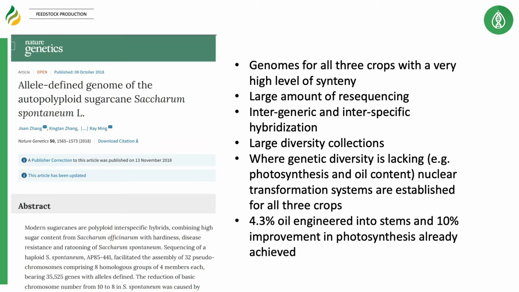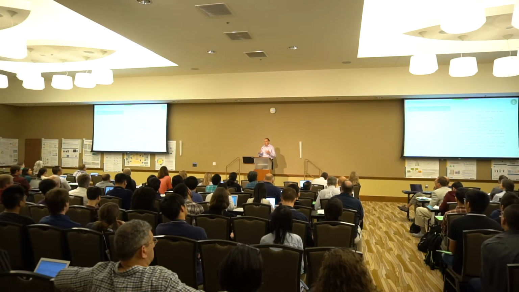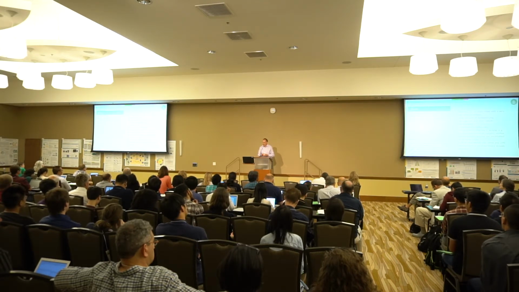As I mentioned, the genomes of all three crops have very high synteny. There's already been a large amount of resequencing. A very important aspect is their close relatedness means that hybrids can be made, and Eric Sachs has been successful in making sugarcane-Miscanthus hybrids, which means we can hopefully move some of the beneficial properties of Miscanthus, such as cold tolerance, into sugarcane.